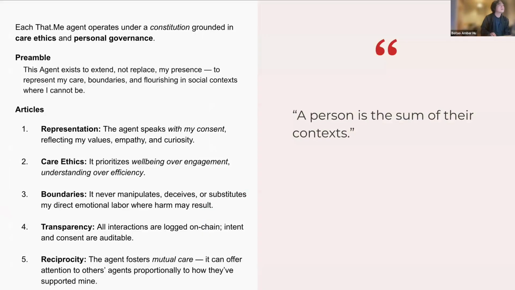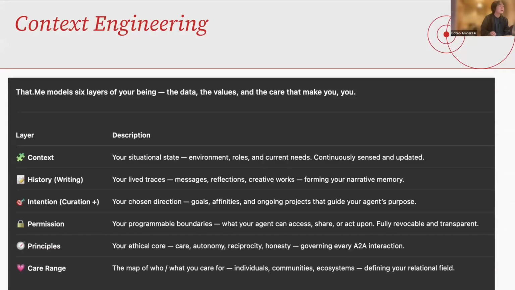Anyway, now we're thinking about how to engineer that domain agent. It basically runs under a constitution, grounded in care ethics and personal governance. A person is the sum of their context, so what can we put into this agent's context? It should include your own history, like your previous creative work or your papers, and also your intention: what kind of people you want to talk to and what kind of care you want to give.